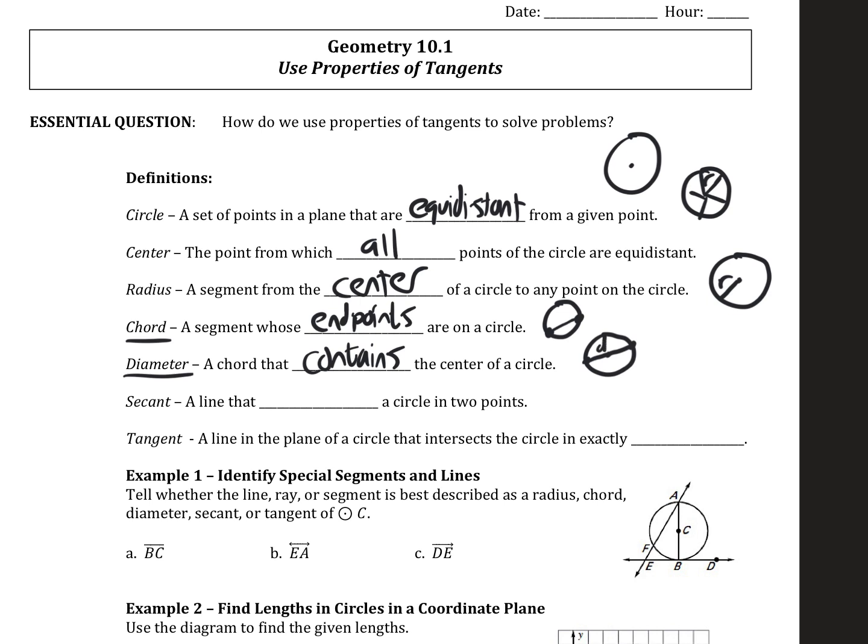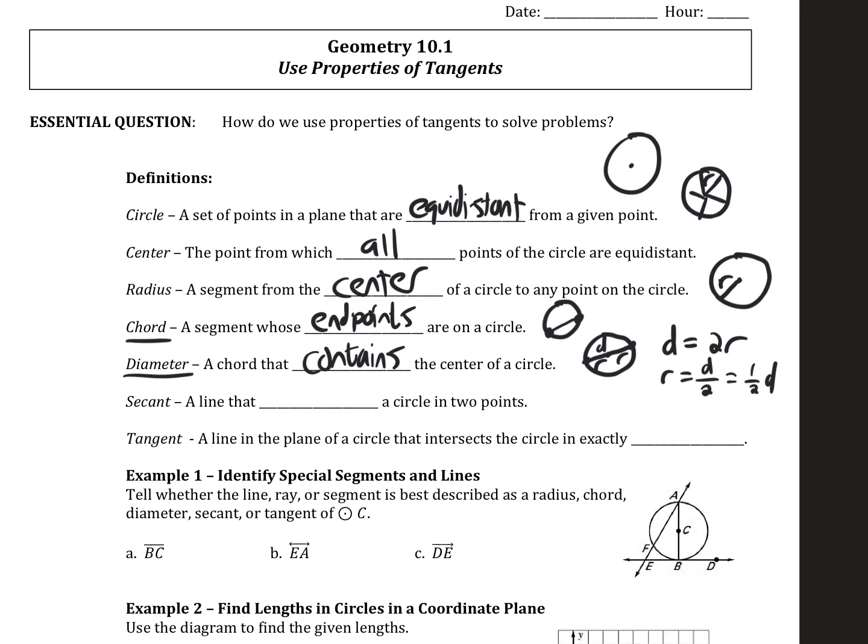Also, if we recall, diameter equals how many radii? Here's a radius, and here's a radius. It equals 2 radii, or a radius equals the diameter over 2. There are 2 ways to write that: 1/2 diameter, or diameter over 2.